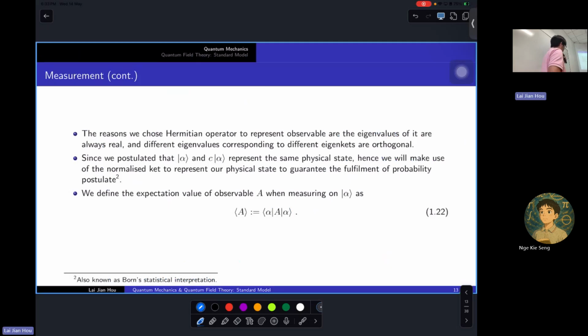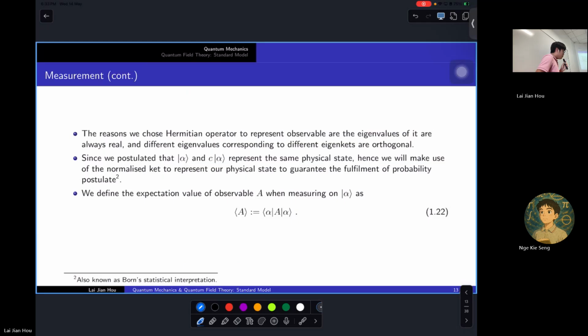One of the reasons we choose the Hermitian operator to represent our physical observables is that its eigenvalues are always real, and different eigenvalues correspond to different eigenkets that are orthogonal.